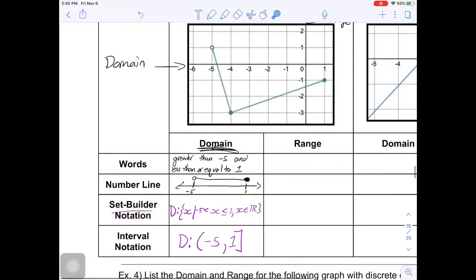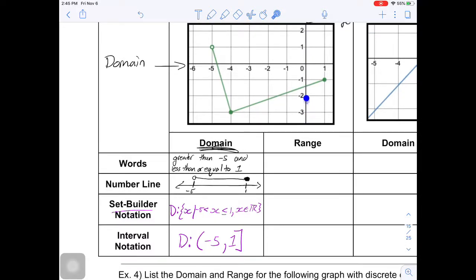Let's go to my range here. So range, now we're talking about the numbers on your vertical axis. Okay, so what type of numbers can my plots be in terms of my vertical axis? Well, here, what's my greatest number? Well, my greatest number is 1, but I do not equal 1, okay? If we look down here, my smallest number for my range is -3, and it looks like I can equal -3.